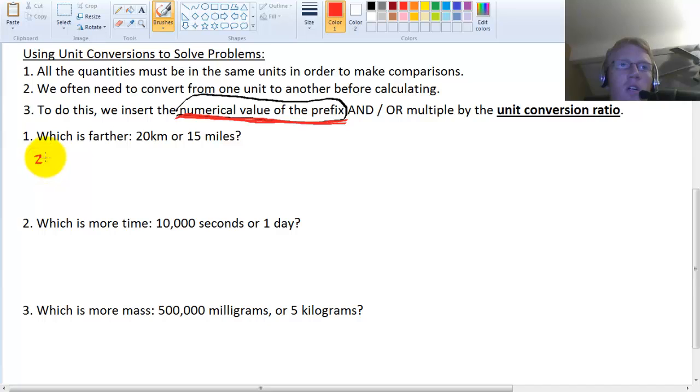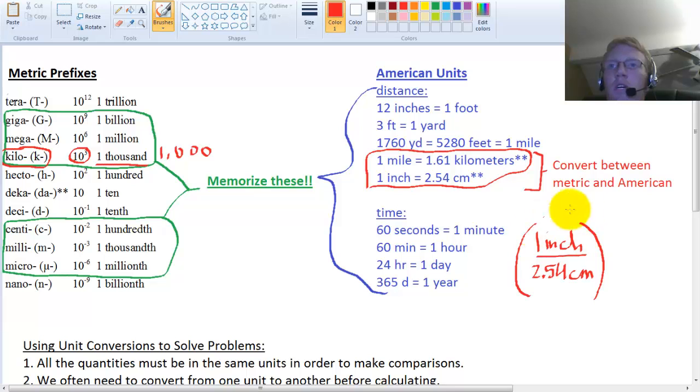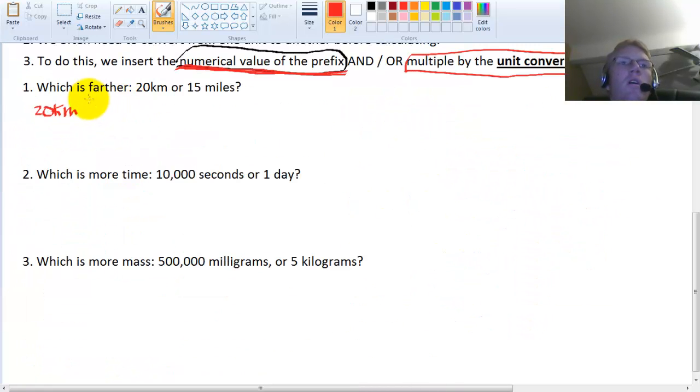So let's convert 20 kilometers into miles. So 20 kilometers, we're going to multiply by the unit conversion ratio. So 1 mile is 1.61 kilometers. Okay, so we're going to multiply by a ratio: 1 mile is 1.61 kilometers.